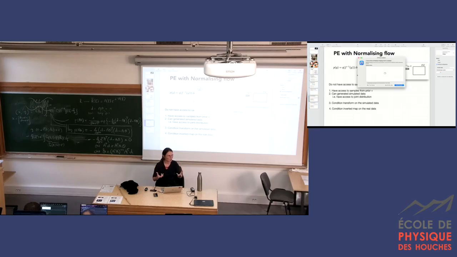But because you don't know the distribution, but you know the prior, and you can simulate the data, you have access to the joint distribution. So you have your prior, and you have a joint distribution, which is the prior times the likelihood.